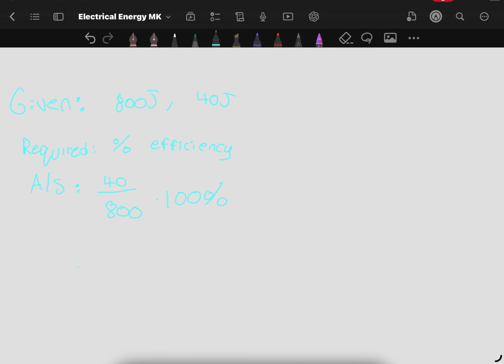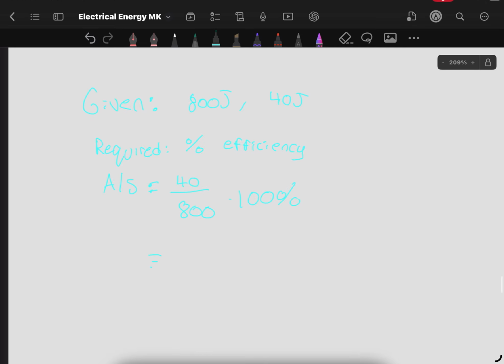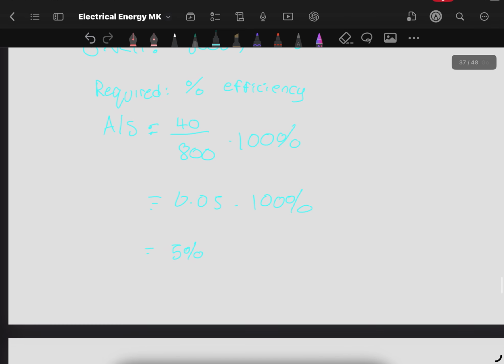If we do 40 over 800 on our calculators, we get 0.05 times 100%, which gets us 5% efficiency. Now, to paraphrase this, that's our final thing. We need to really do a conclusion statement, which you can just do with therefore, 3 dots. The percent efficiency is 5%.